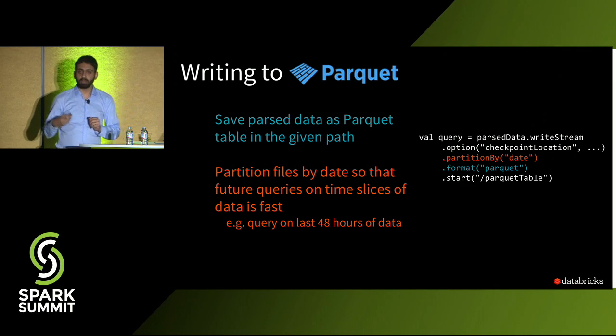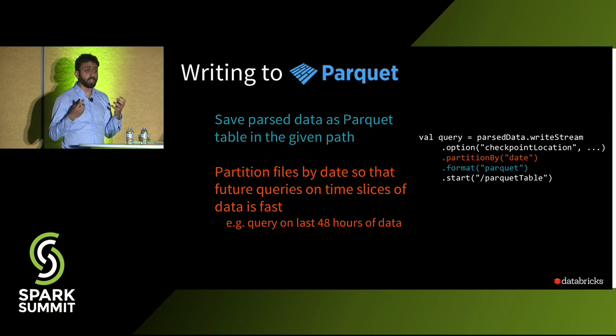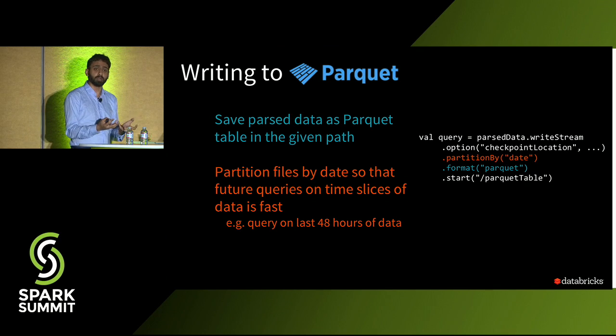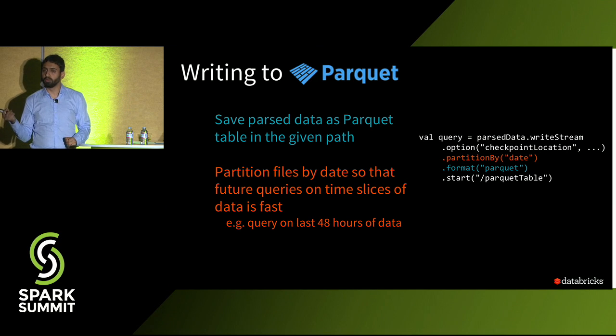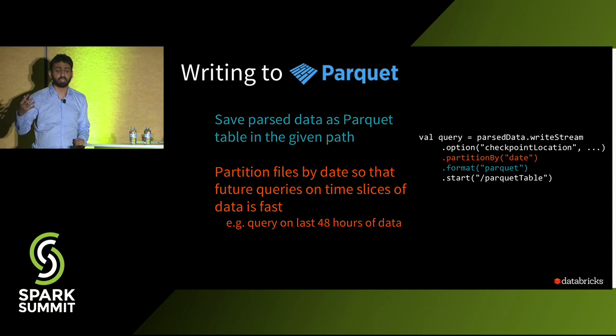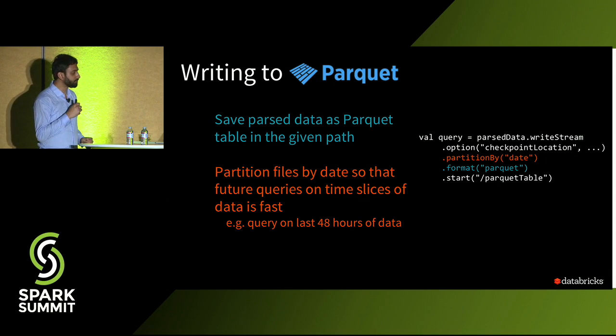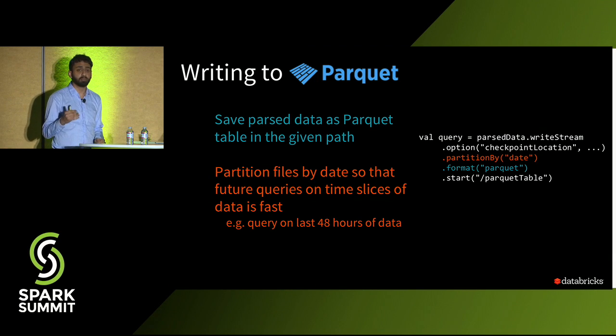And then finally, I want to write out to Parquet. For that, you would specify the format as Parquet. In addition, I know that in future, I'm going to query the data in Parquet by, let's say, the last hour, last 1 day, or last 12 hours. So one convenient thing I can do is partition the data by date.